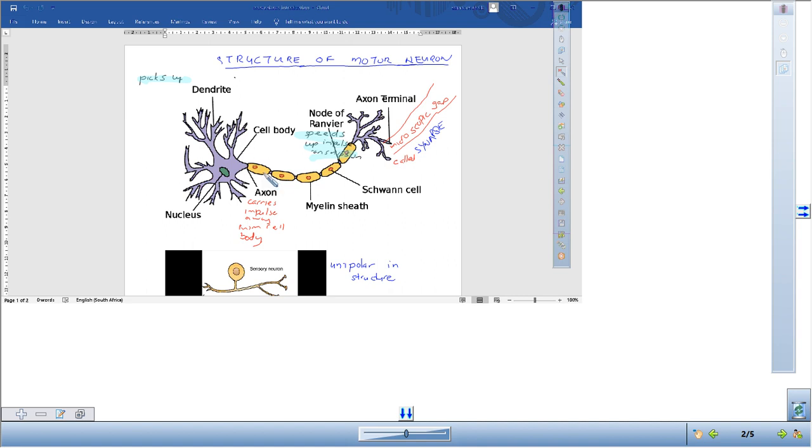If you recall, I told you that this is called a Schwann cell yesterday, and it's pinched. Wherever it's pinched, that's called a node of Ranvier. Its main function is to speed up nerve impulse transmission. Around the end, over it, I told you that we have this little membrane called the neurolemma.